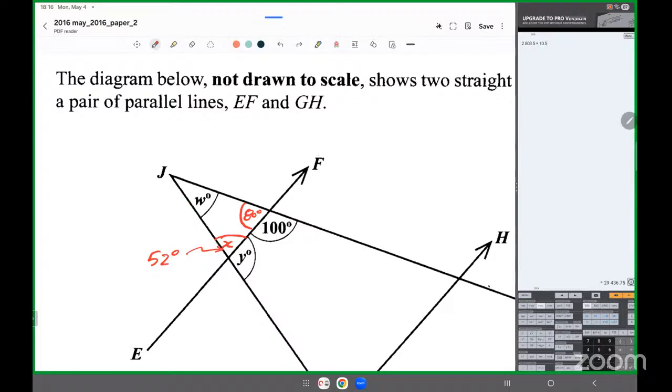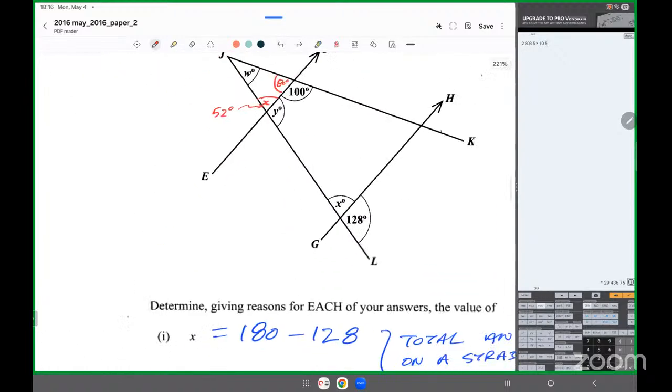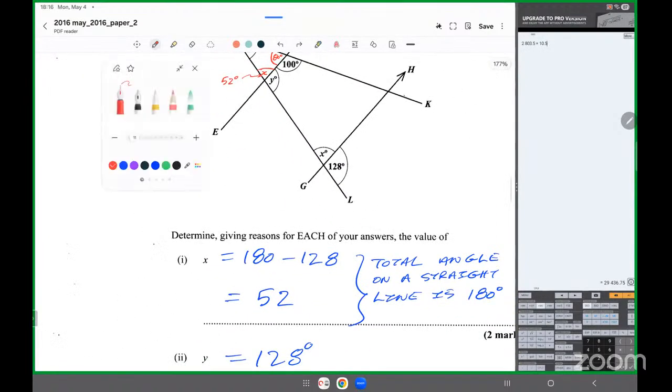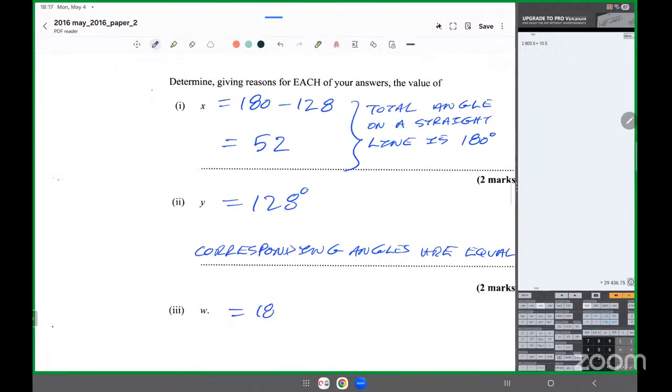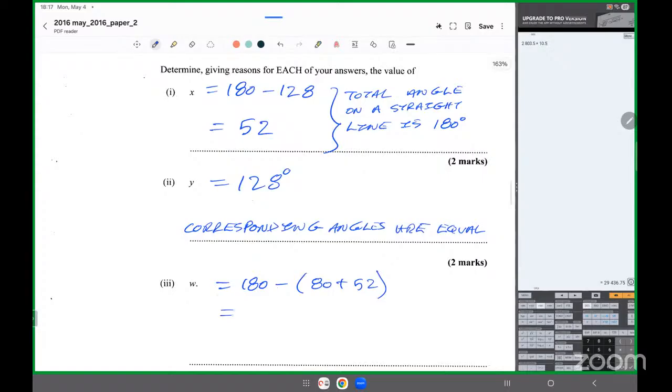I believe this is marked on the exam paper, so show the examiner how you get to the answer and show the working. So the W becomes 180 minus the sum of the 80 and the 52. What do I work out? It becomes 180 minus 132, which is 48.